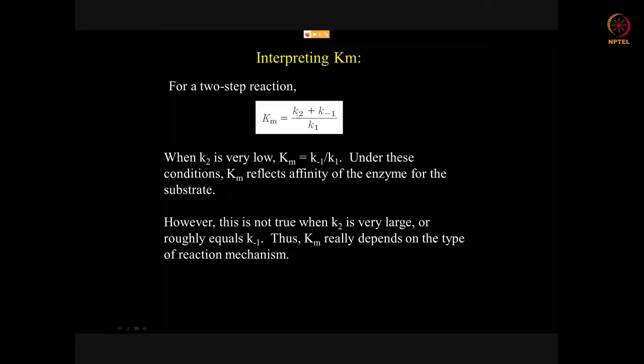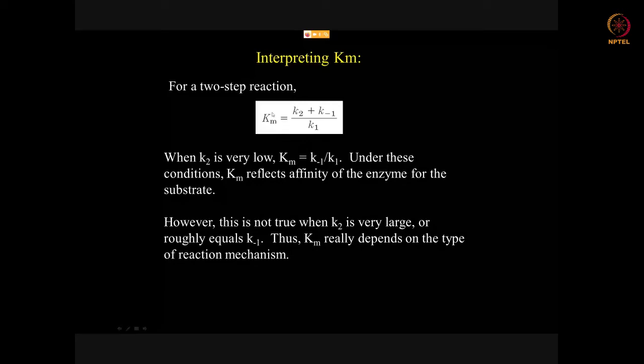So like this, the other side of ES. Km will then reflect all of those rates, and therefore it will be a complex function. It will not simply be reflecting the affinity of the enzyme.